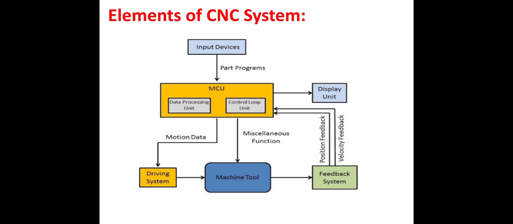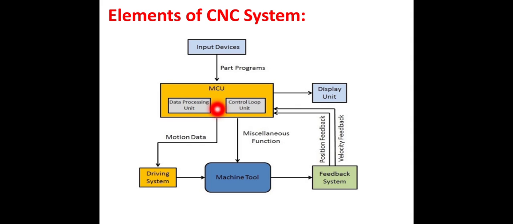Now let us see the elements of a CNC system. The block diagram of the elements of a CNC system is shown here. Here it is the machine control unit. Through the input device the part program is fed to the machine control unit.